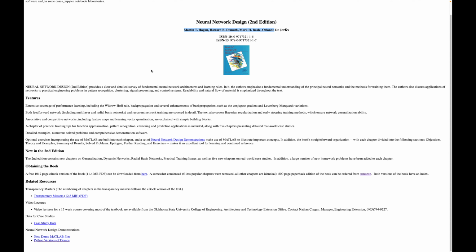And I think it's one of a kind book which gives you an insight into how to think about the architecture of neural networks.